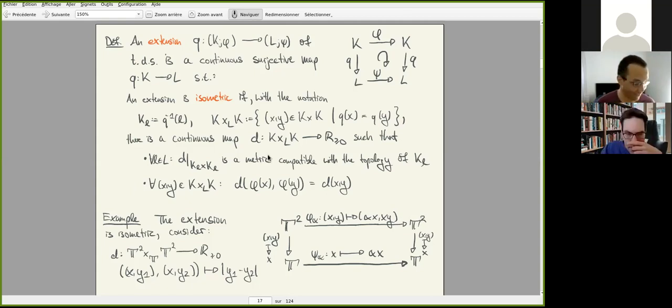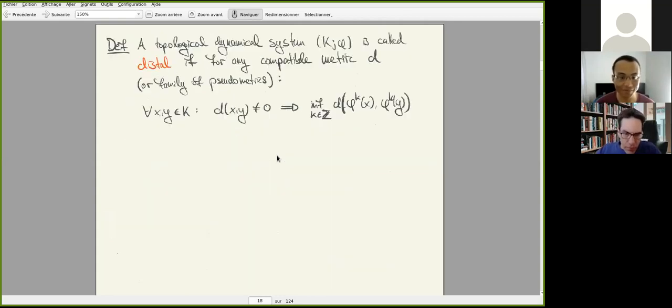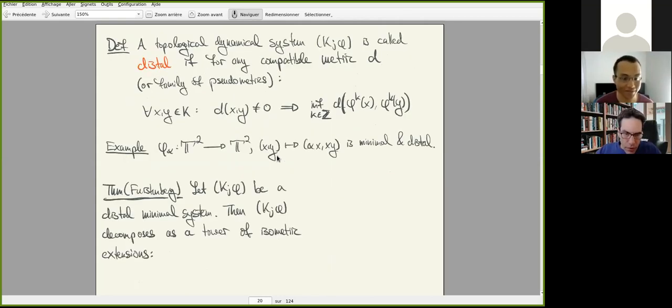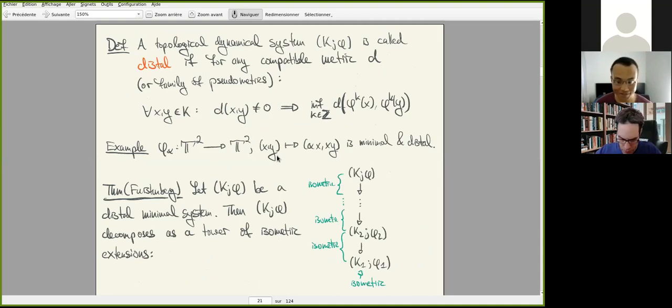Okay. If there are no further questions for this slide, then I will go back to the Furstenberg structure theorem, which looks like this. So if you have a distal minimal system, then here at the top, this is the distal minimal system, and it can be built up by starting at the bottom with some isometric system, then taking an isometric extension of this isometric system.